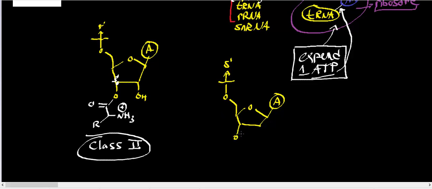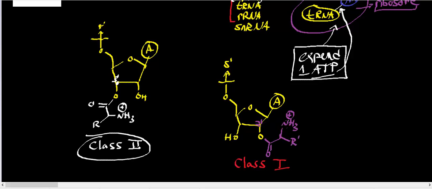However, in the case of class 1 tRNA synthetases, what essentially happens is you instead favor the addition of the amino acid onto the 2' hydroxyl group. It's not very intuitive as to why this happens, and to a large extent it's not really known.